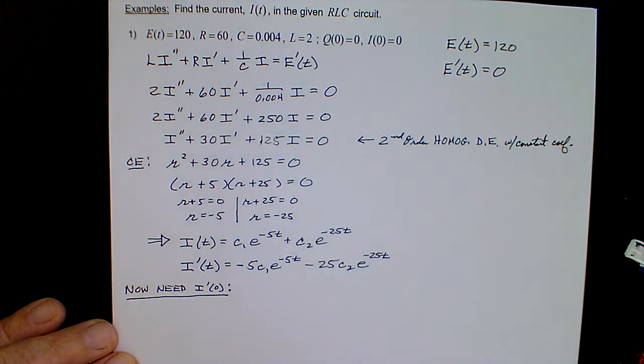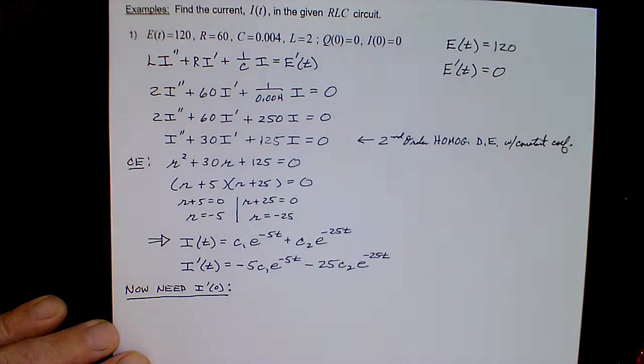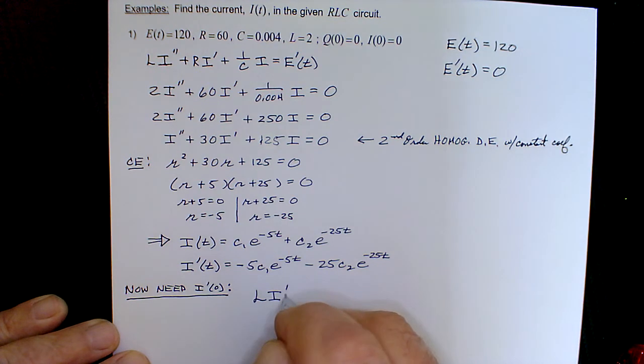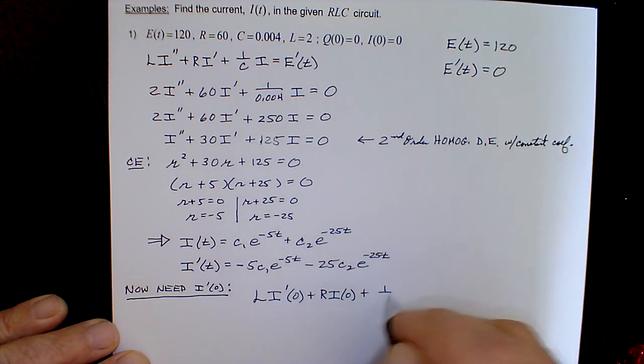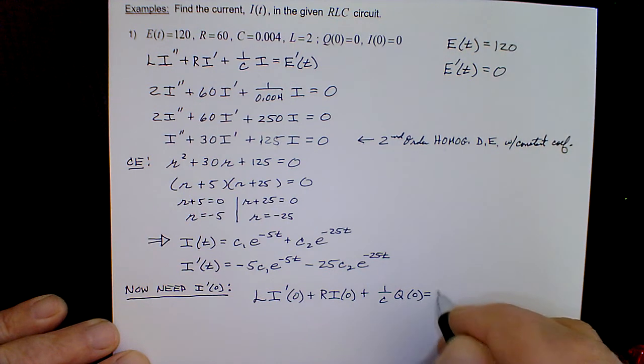If you recall from the previous page, that was the equation we had at the bottom here, and I'll give these to you on the cheat sheet for your exam. So the equation to find I prime of 0 is L I prime of 0 plus R I of 0 plus 1 over C times Q of 0 is E of 0.